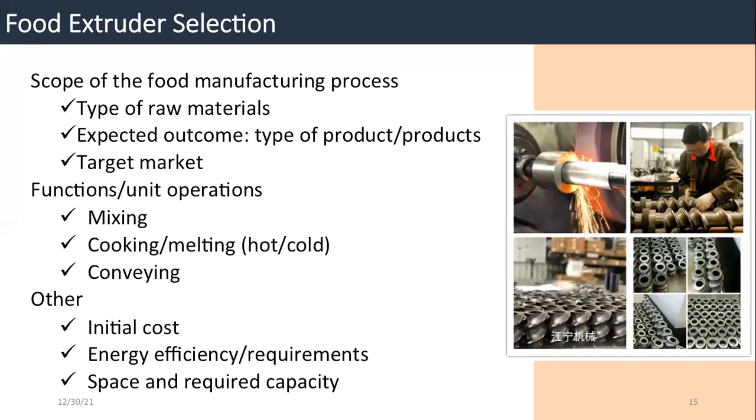So all these things should be considered, and the raw materials and the cost, everything, before purchasing an extruder. So there are 3 major factors: scope of the product, unit operation functions required, and other important factors, right?